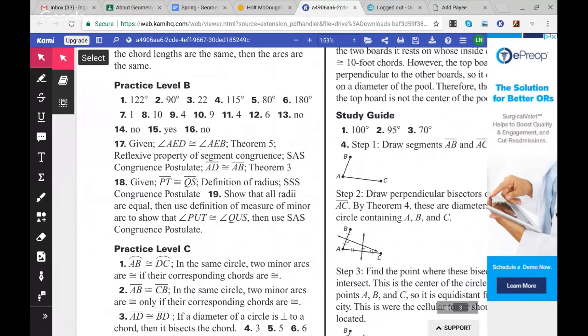I got 13, 14 wrong. 13 and 14. All right. Are you finished looking at the other ones? Okay, please. Let me just mark these off real quick.